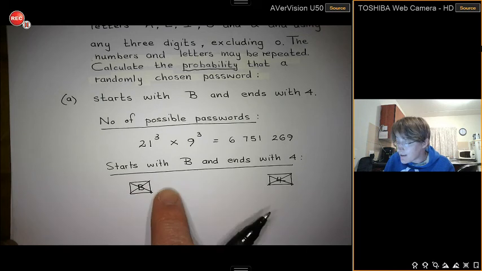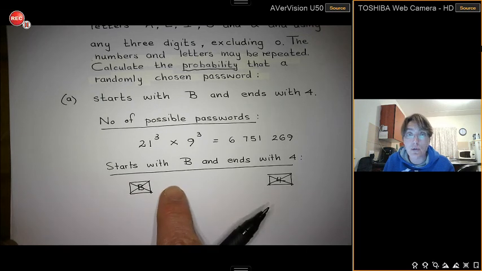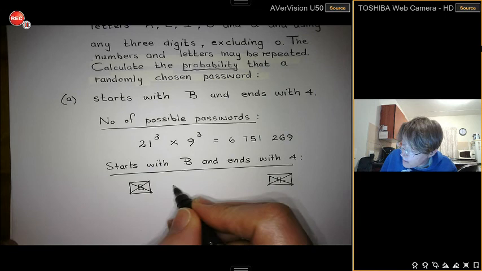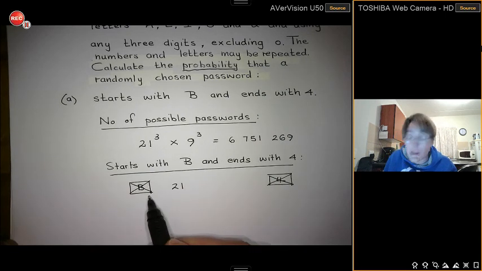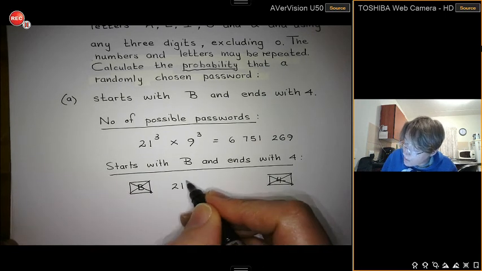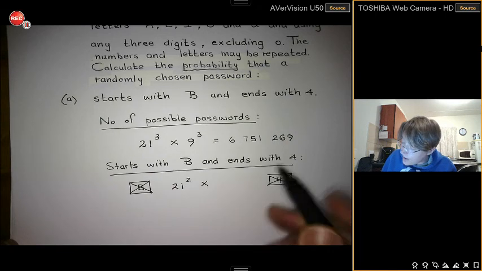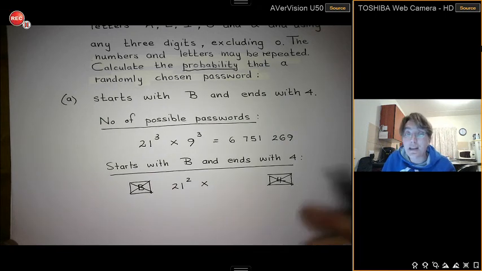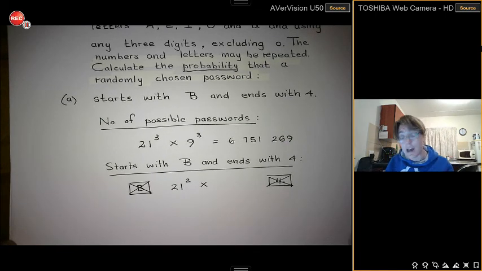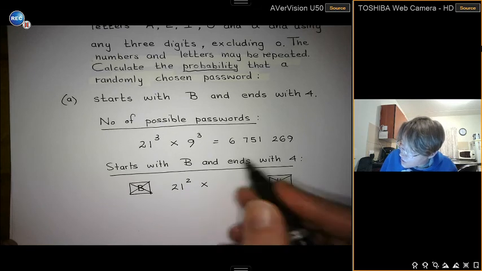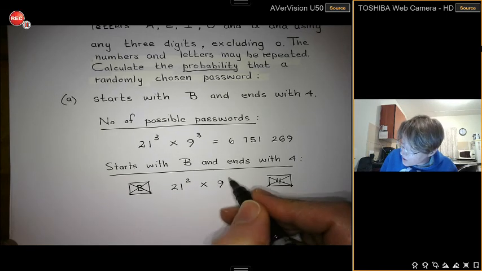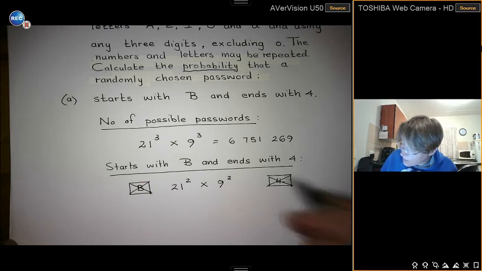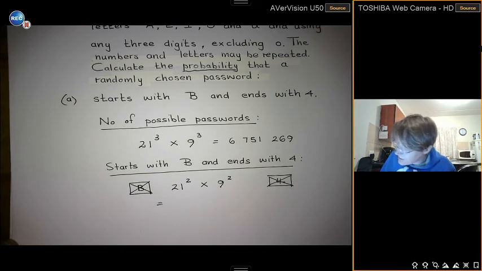So I still have 21 available letters I can choose, but I'm only allowed to choose 2 because B has already been chosen as the first one. So that's 21 to the power of 2. And then just because 4 has been chosen over here doesn't mean I'm not allowed to use it. Repetition is allowed, so I can still use 4. So I still have 9 digits available, but I can only choose 2 because this one has already been allocated. So I can calculate this one.